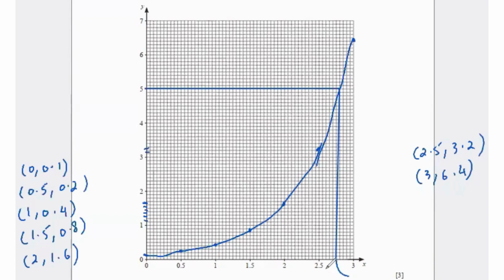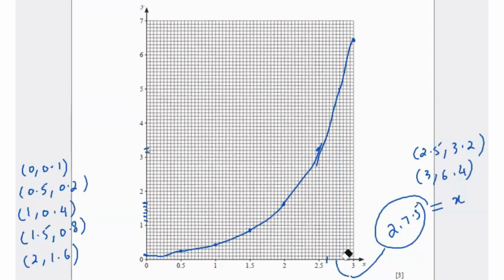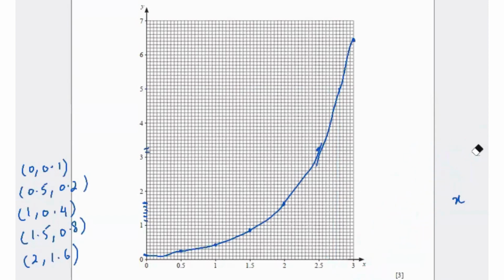That's 2.75. 2.75 is your solution to that. Then let me just erase that.